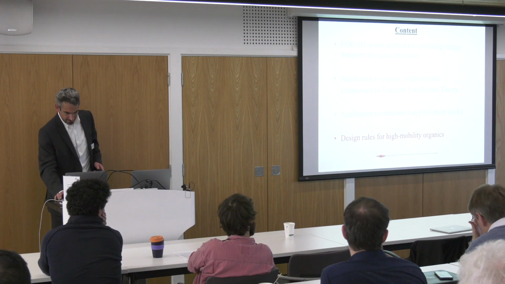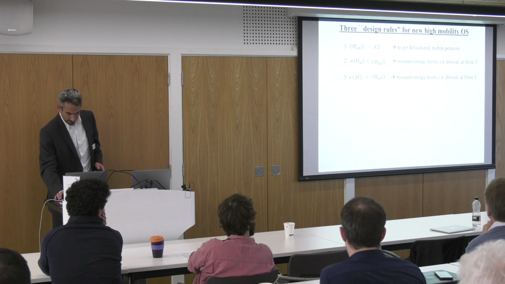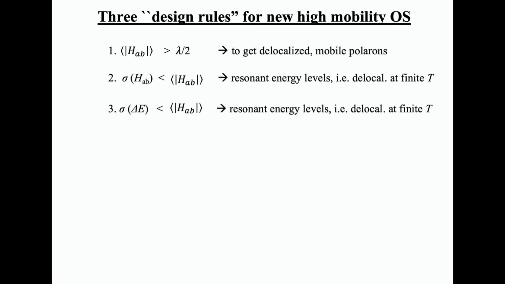Okay, so what I quickly want to finish with is that we are very often talking about design rules. What really needs to be the case so that I get large mobility values? The first and most crucial one is, of course, that you have delocalized charge carriers. And when do I have this?